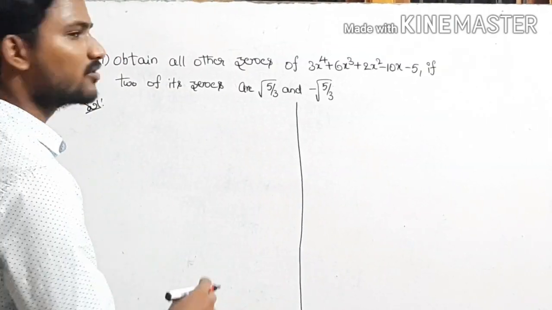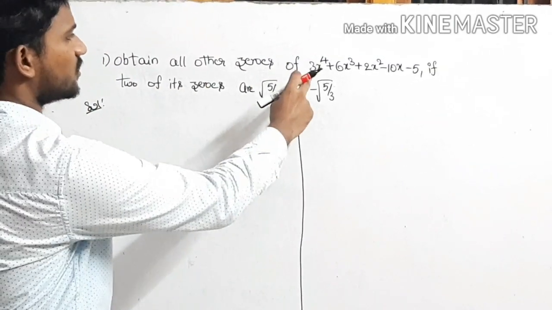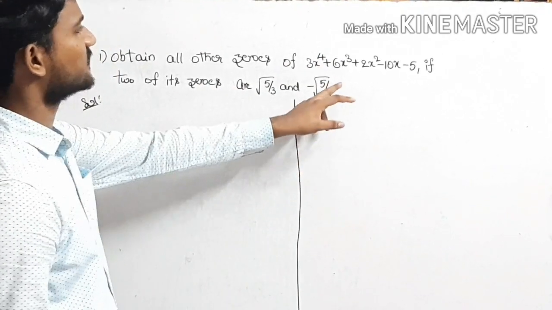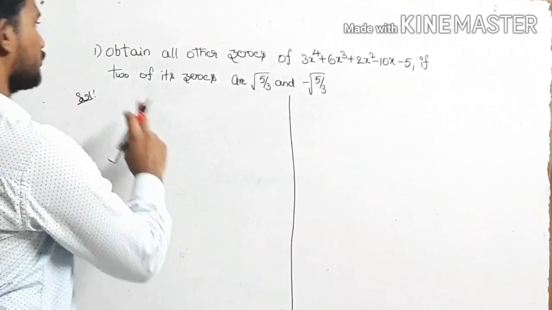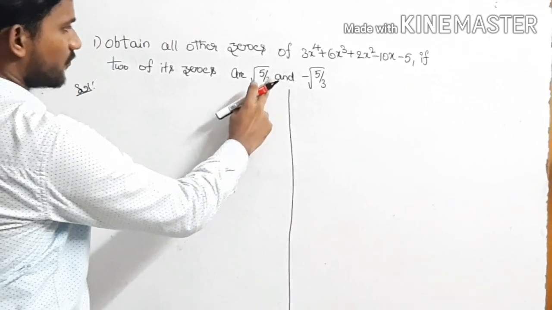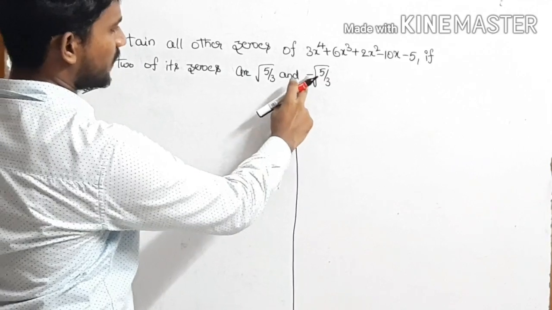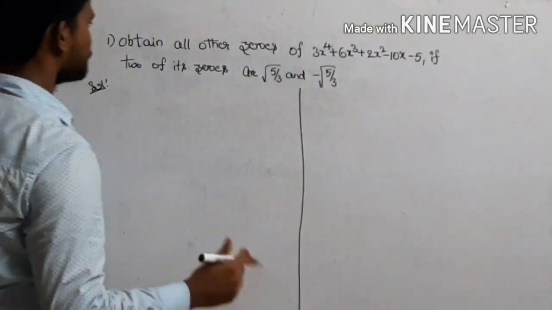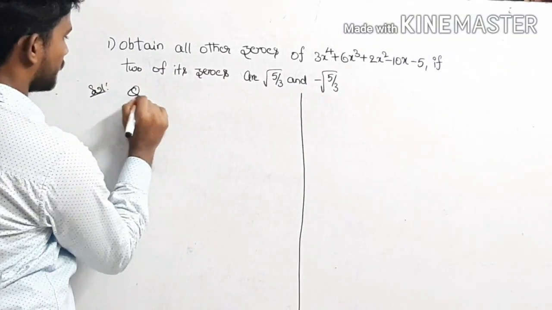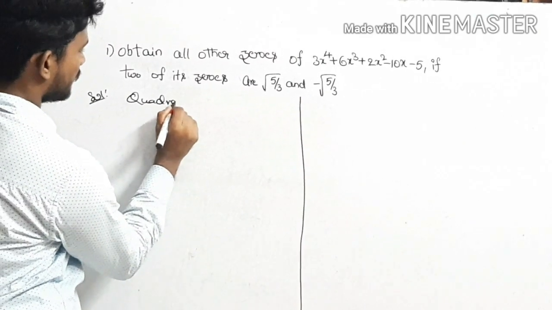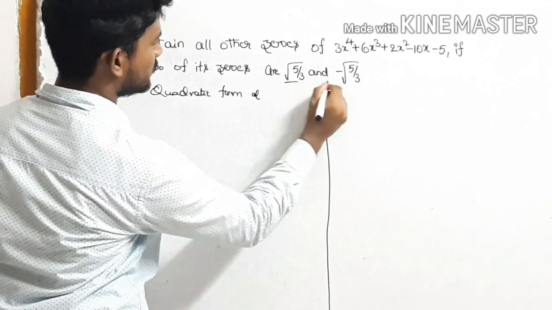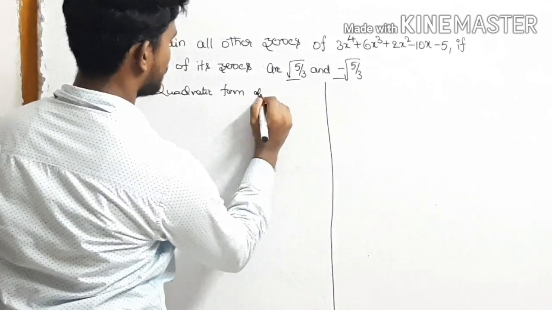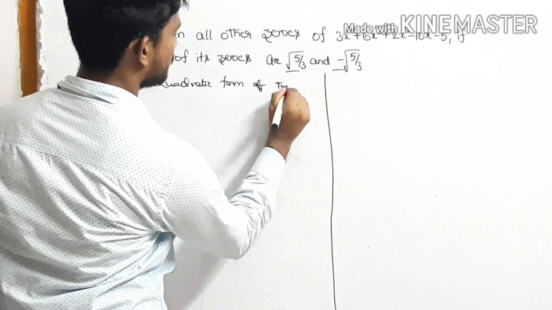Okay. They give a problem like this: obtain all other zeros of 3x power 4 plus 6x cube plus 2x square minus 10x minus 5, if two of its zeros are root 5 by 3 and minus root 5 by 3. First find the quadratic form of these two zeros.